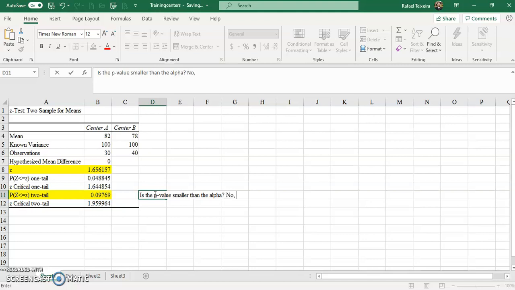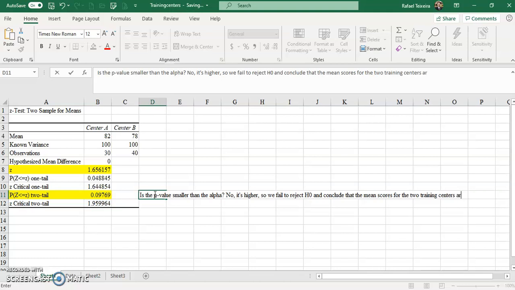No. It's higher. So we fail to reject the null hypothesis, and conclude that the mean scores for the two training centers are equal.